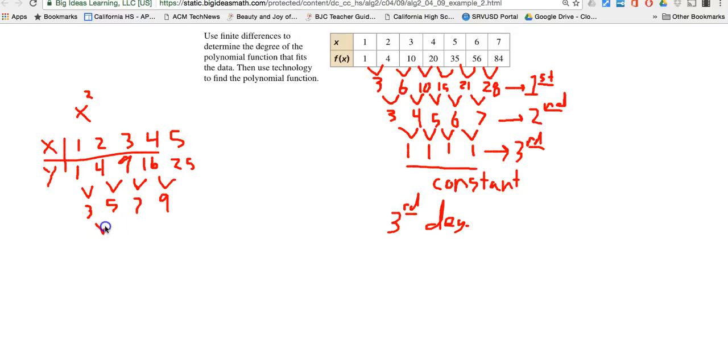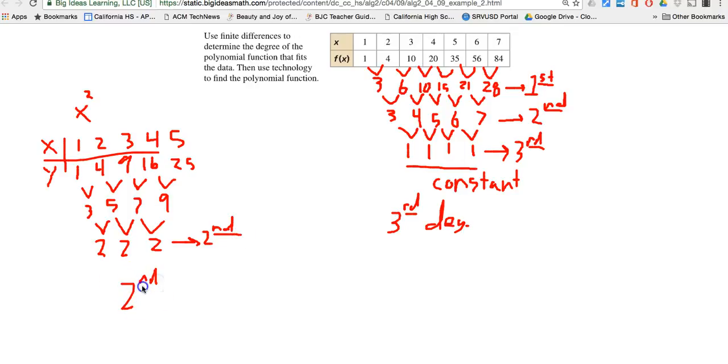So if we do the second differences, the difference between 3 and 5 is 2, 5 and 7 is 2, and 7 and 9 is 2. These are our second differences, which means this would be a second degree.